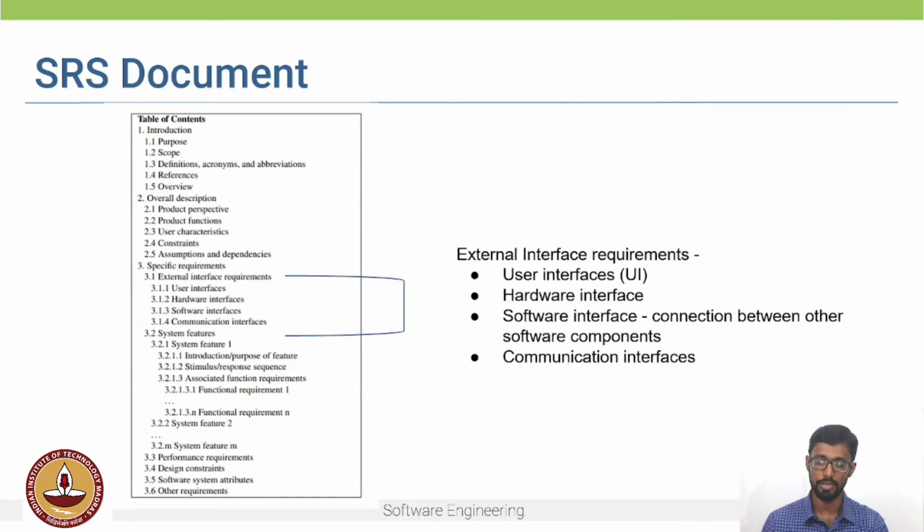For example, the database, what is the operating system, what are other tools and libraries which will be used, and so on. So for example, in the Amazon seller portal example, which we described in the previous lectures, the seller portal has to interface with the Amazon buying portal database. So this is an important software interface which we have to specify.